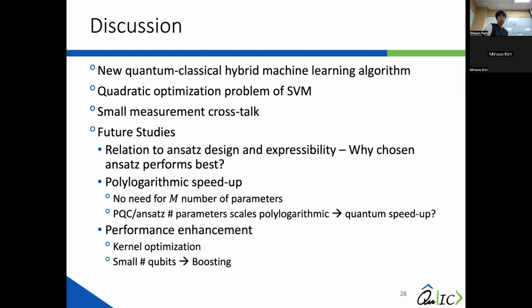Okay, so what we need to do further is not to use a naive hardware efficient ansatz, but some other ansatz that has some symmetry or avoids barren plateaus.